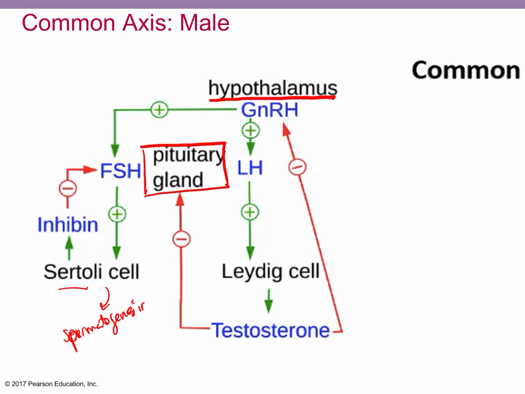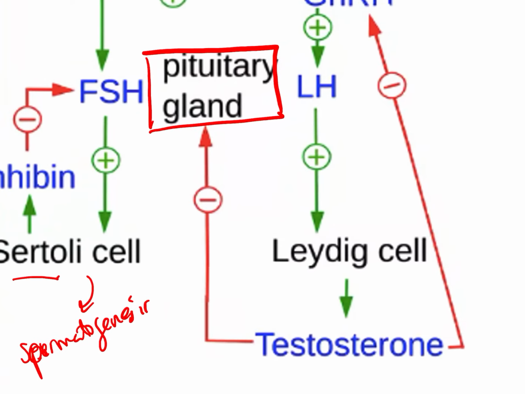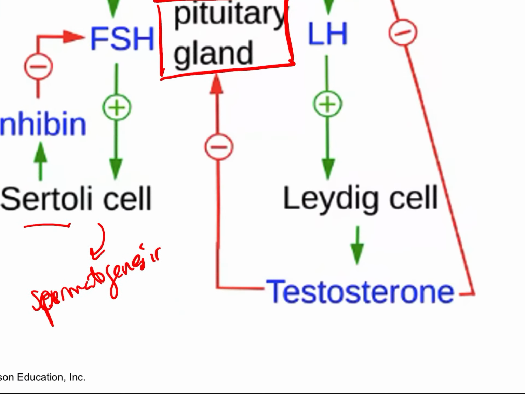So really similar, because the Sertoli cells are kind of like the granulosa cells, right? The granulosa cells respond to FSH by maturing the oocyte. The Sertoli cells respond to FSH by maturing the sperm, the spermatogenesis. They both, Sertoli cells and granulosa cells, will secrete inhibin, and that's going to feed back on its own loop. So it's going to feed back to inhibit FSH.